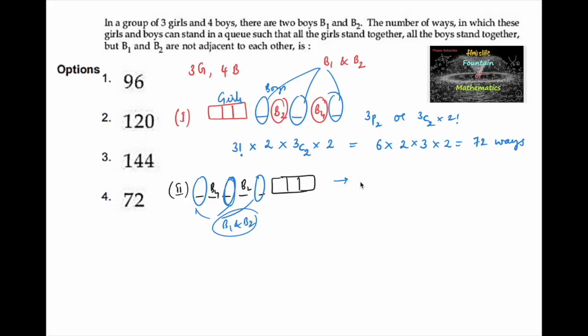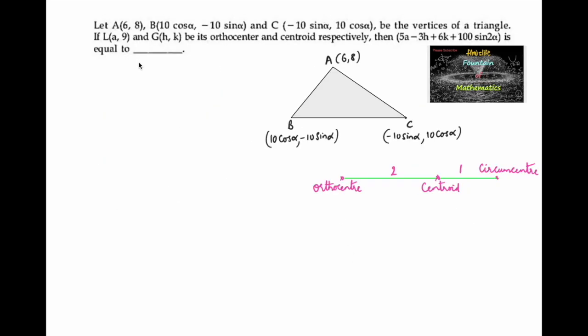Again in the same way, B1 and B2 can be placed in 3C2 into 2, B3 and B4 can be arranged in 2 ways, and these 3 girls can be arranged in 3 factorial ways, so again we get 72 ways. So total from both the cases we get 144 ways. So 144 is the answer, which is option C.